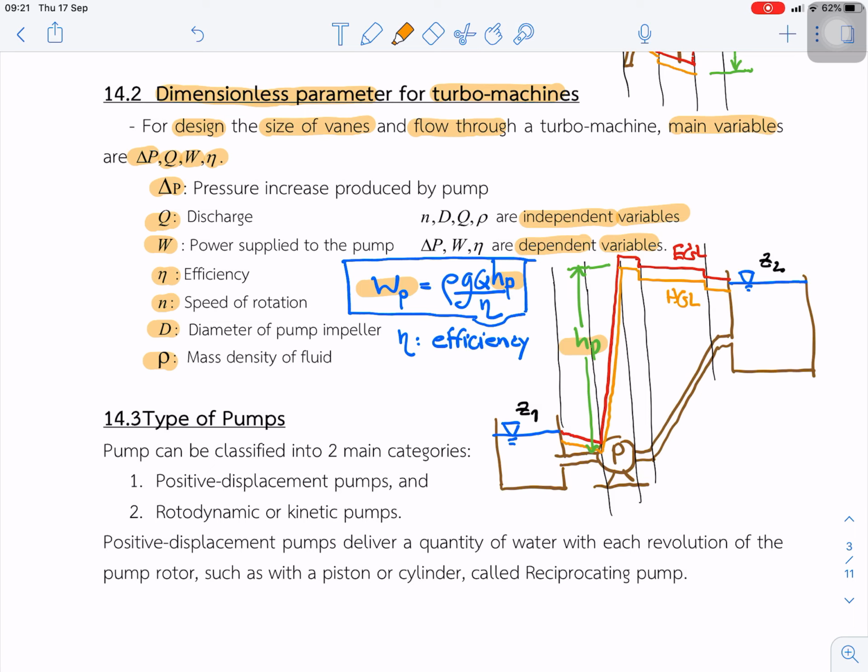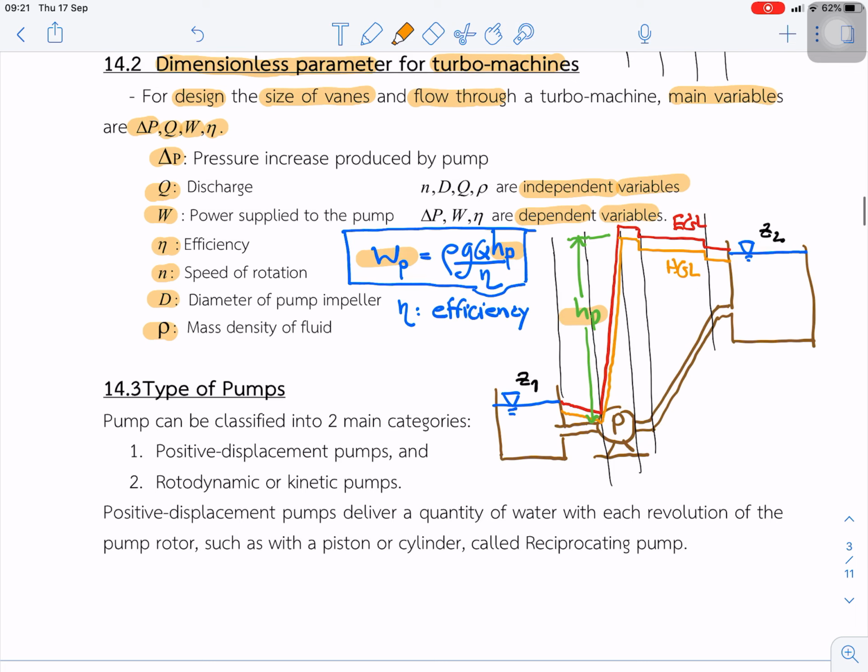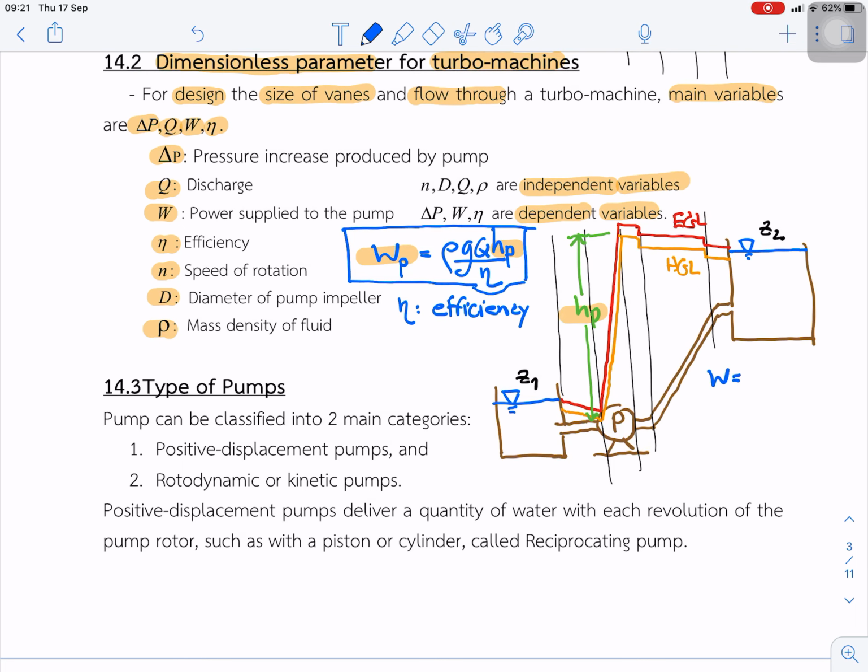And we can prove this. From basic knowledge, potential energy is mgh, and the unit is joule. In this case, we convert from mass, so we can use density times Q, which is volume per time, to mass per time, and then g and H_P.